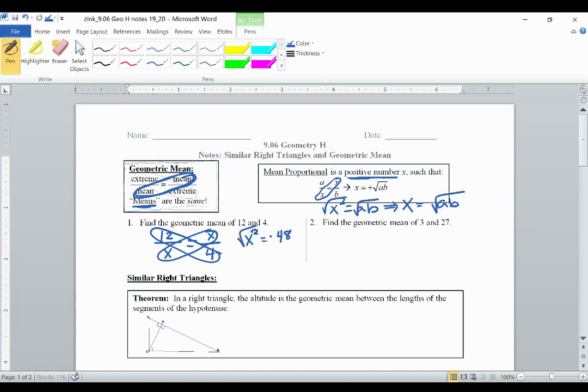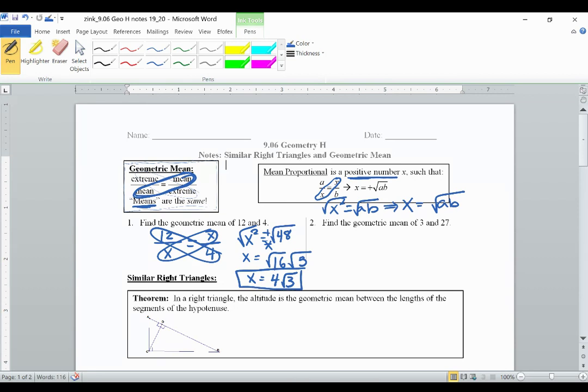Take the square root of both sides, rejecting the negative. We always want to put everything in simplest radical form. The largest perfect square that goes into 48 is 16 times 3, leaving us with x equals 4 root 3 for your answer.